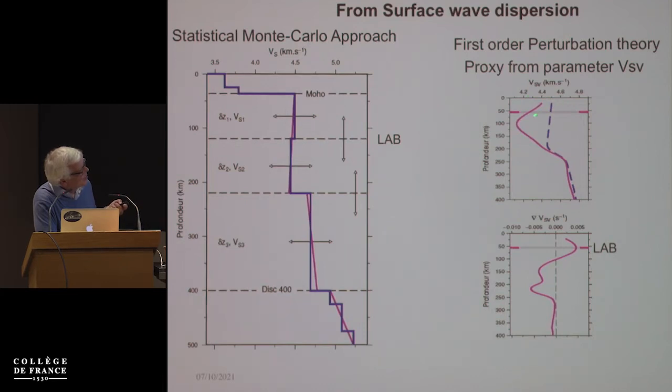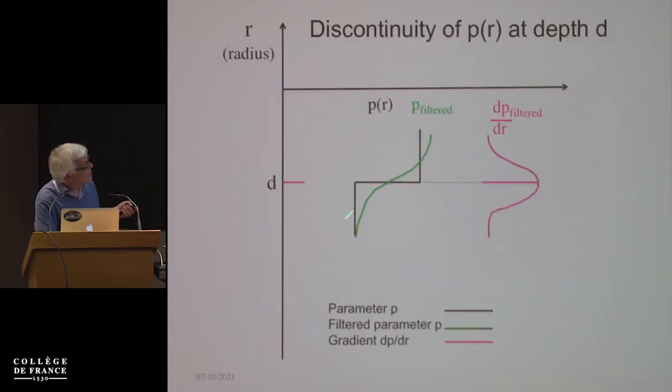And with surface waves, we have no resolution of discontinuity, but we made the assumption that if you have a discontinuity, you have a gradient, and so we say that when you have the maximum of the gradient, we have access to the discontinuity, and we make this strong assumption that we have access to the LAB through the gradient of S-wave velocity.